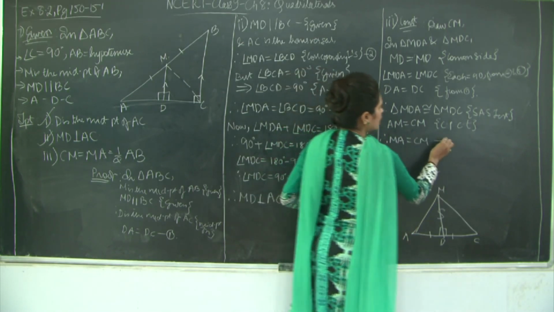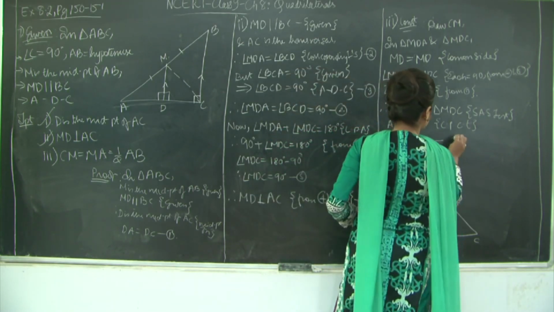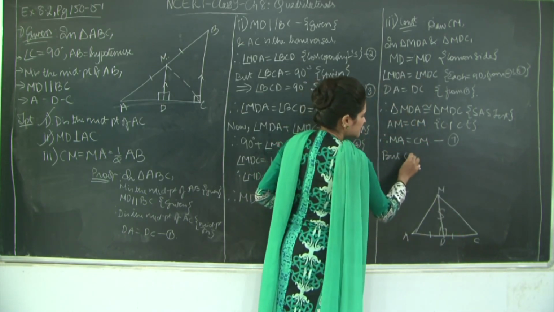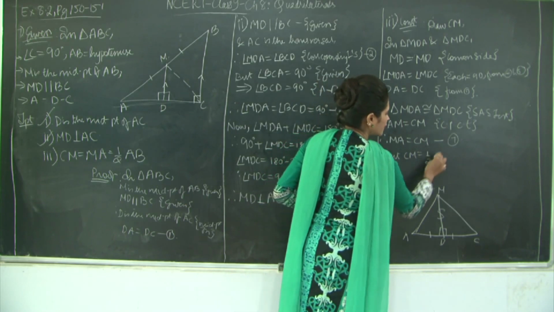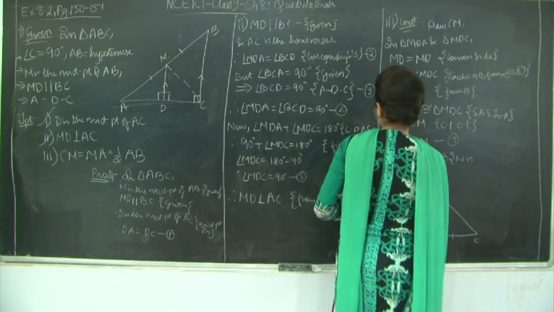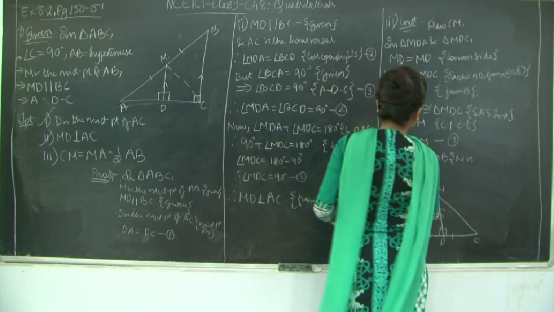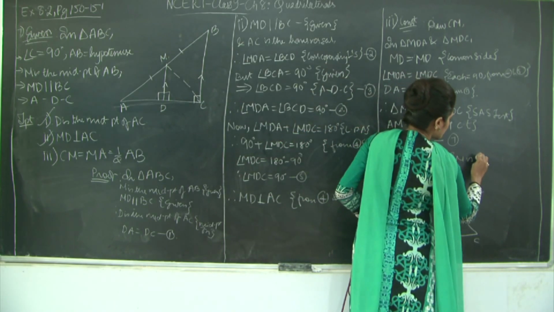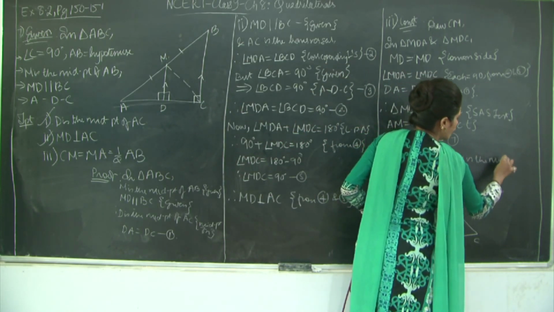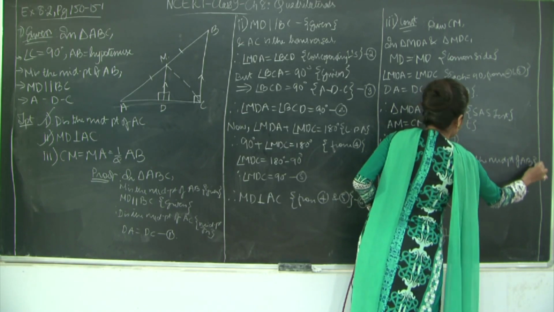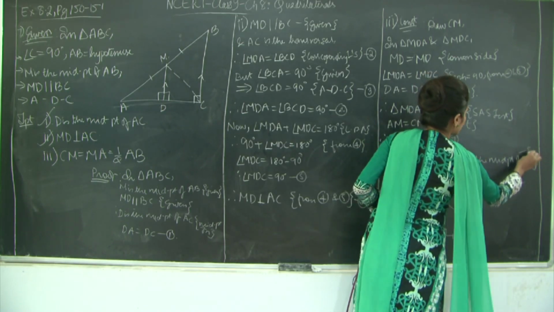Correct? Let's mark this as statement number 7. But CM is equal to half of AB. Why? Because AM is equal to half of AB. Why? Because M is the midpoint of AB. Let's mark this as 8.